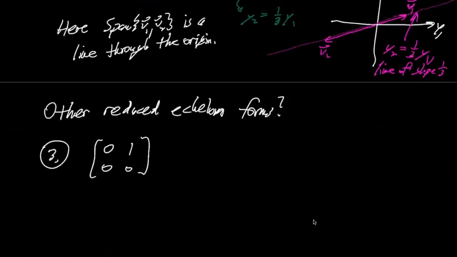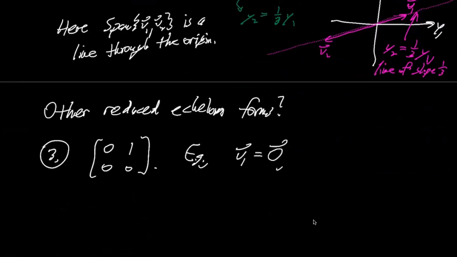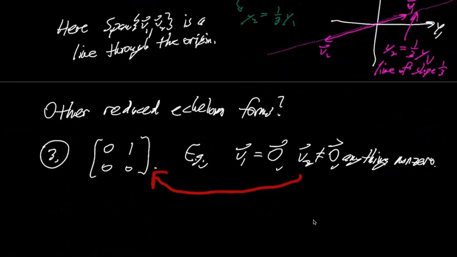So this could come from something like the following: you could just basically have v1 is the 0 vector, and v2 is anything non-zero, and that would reduce to this.